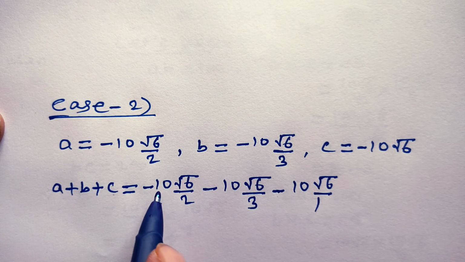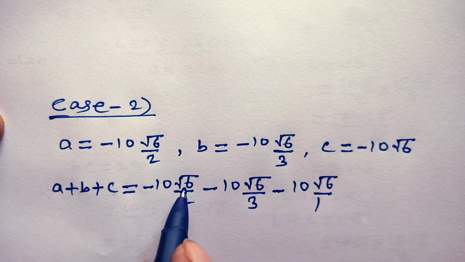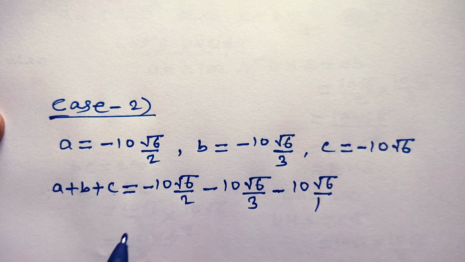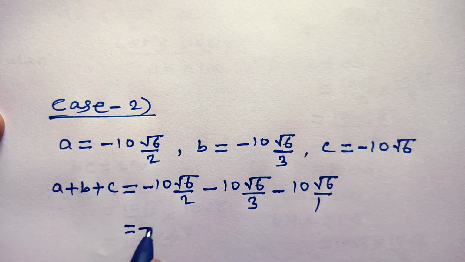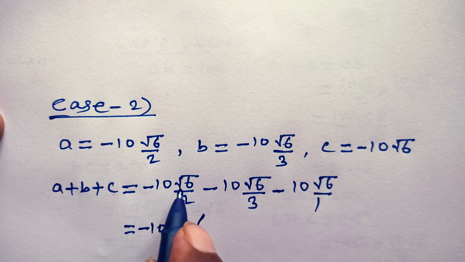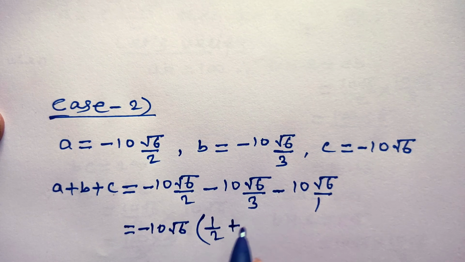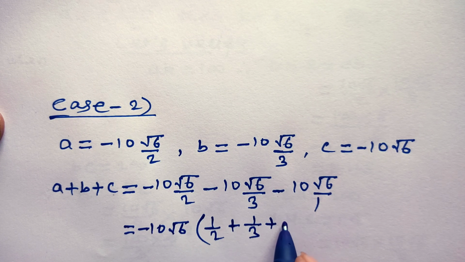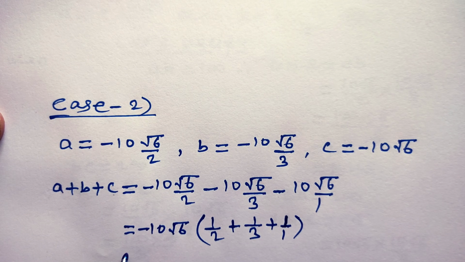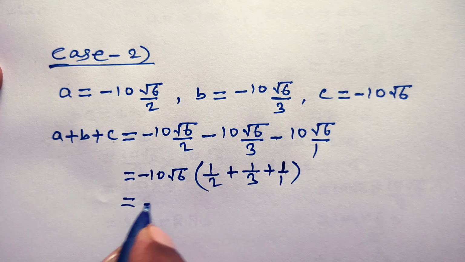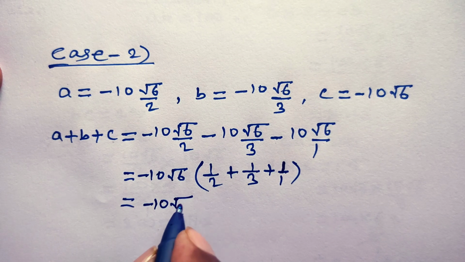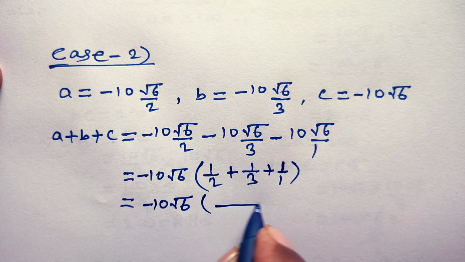Now we can take minus 10 times square root of 6 common from these three terms. So this is equal to minus 10 times square root of 6. Into bracket remains from first term half, from second term 1 upon 3, and from third term 1 upon 1.